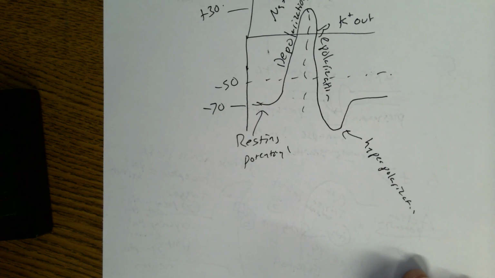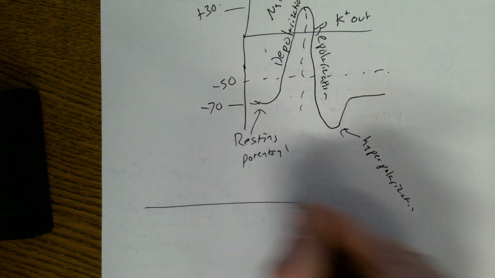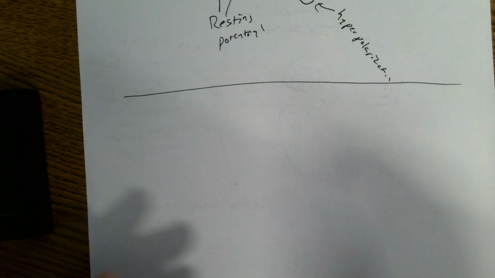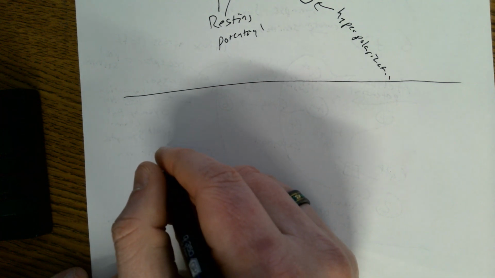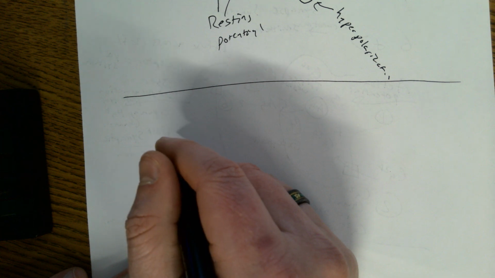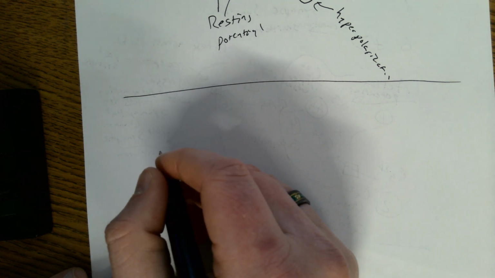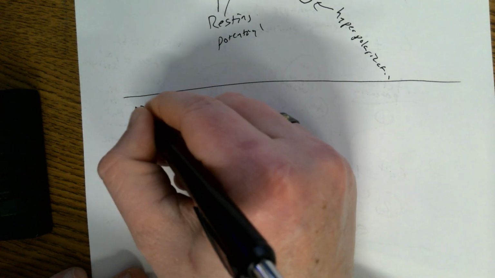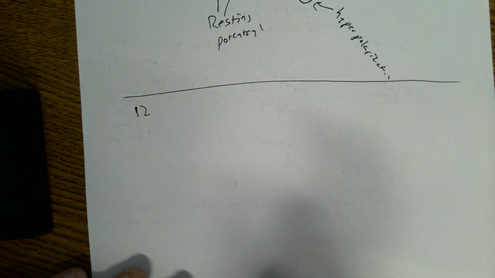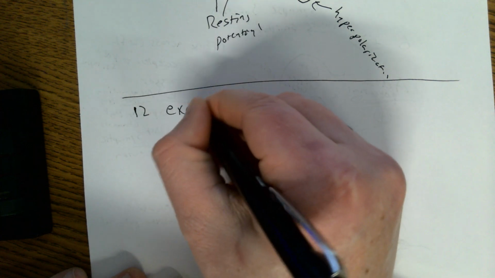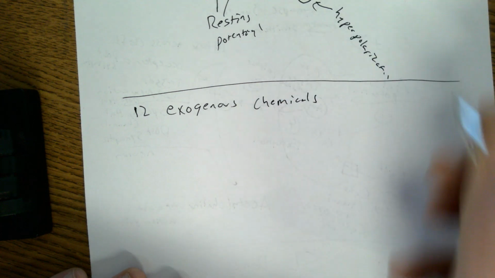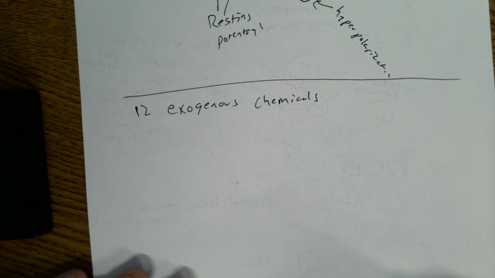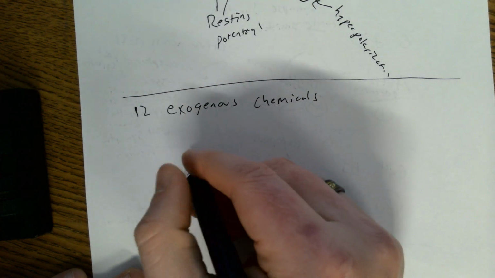Alright, the next three standards, 12, 13, and 14, we're jumping back to synaptic transmission. We'll start with 12, which is our standard on exogenous chemicals. These are chemicals that you put in your body or in an insect's body that have some sort of effect on it. There are two different ways.